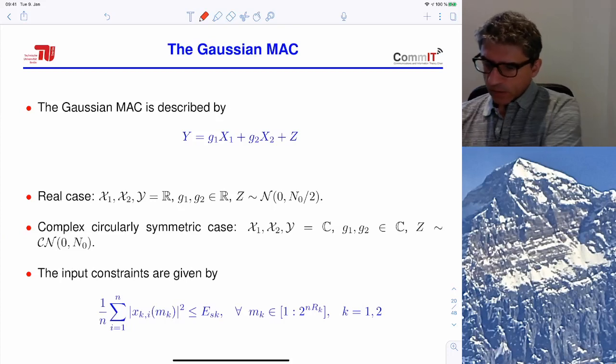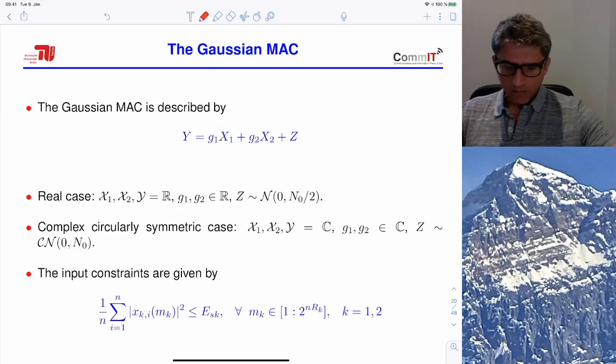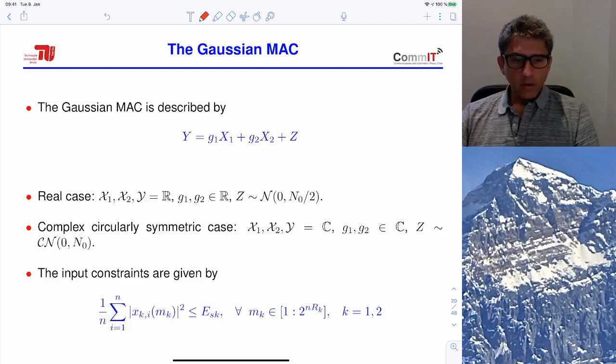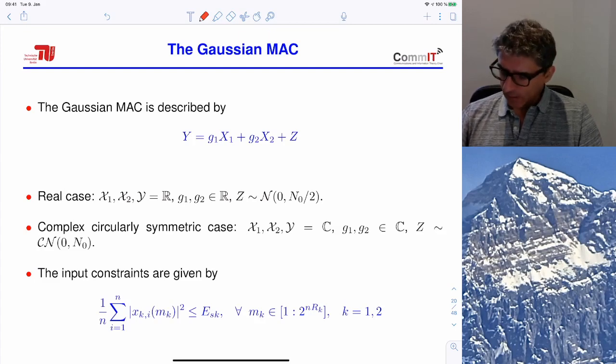Very well. So now that we have proven the capacity region for the discrete memoryless multiple access channel, we're going to, as usual, look at a continuous alphabet case, and in particular, a particular form of the multiple access channel, which is the Gaussian case.